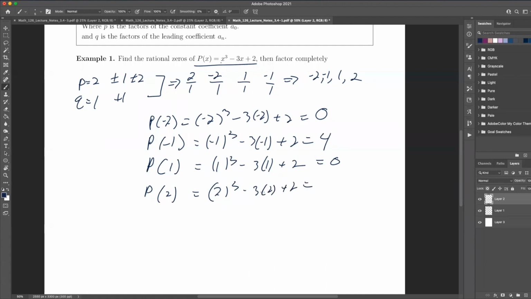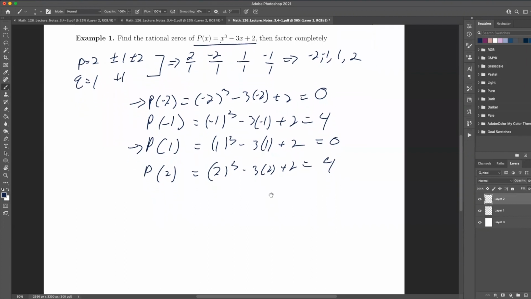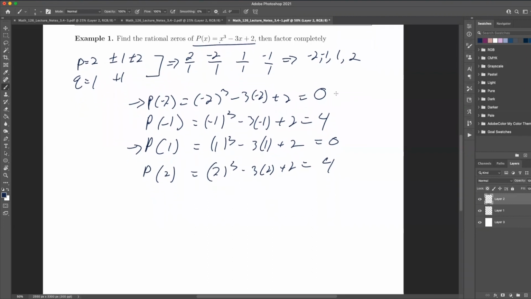So this is 8 minus 6 plus 2, which is 4. Okay, so here we have 2 zeros. Our 2 rational zeros are here. But we don't really know how to factor this completely, so this is mainly just for show.